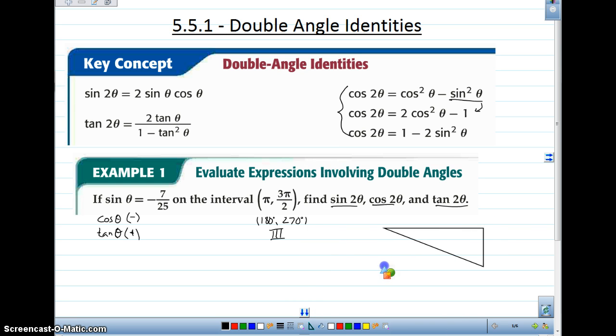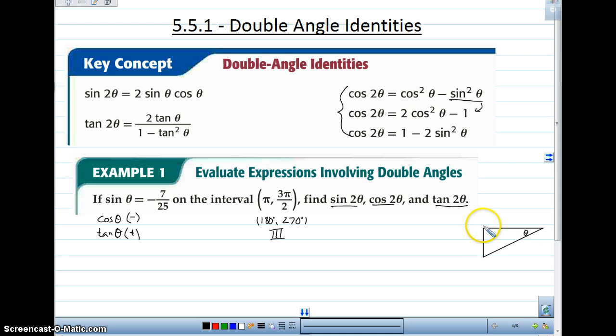I was given that the sine of theta was 7/25. So that means the opposite side was 7, and the hypotenuse was 25. Since I'm in the third quadrant, I do my angle over here in the third quadrant. And when we solve for the other side of this triangle, this is actually a 7, 24, 25 triangle.